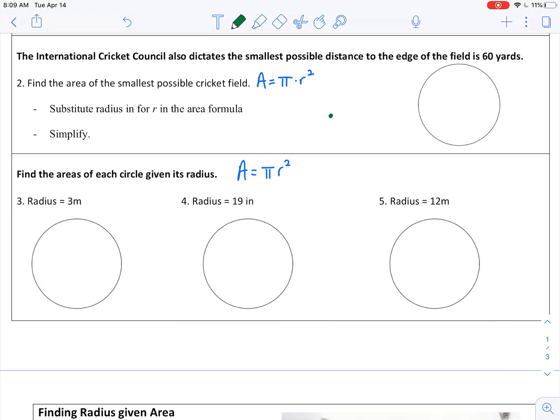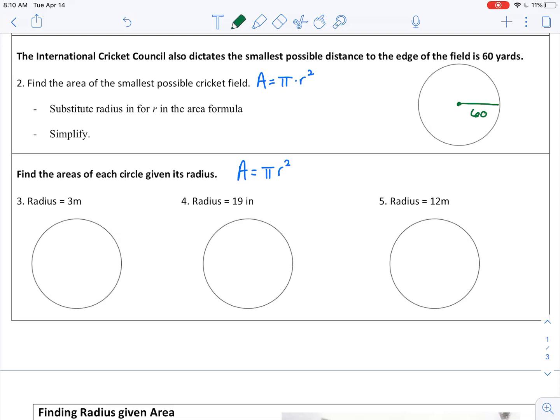So if I'm looking at the International Cricket Council and the fact that they dictate that the smallest possible distance from the edge of the field is 60 yards. So if I had the center of a circle, and the shortest distance I could go is 60 yards.